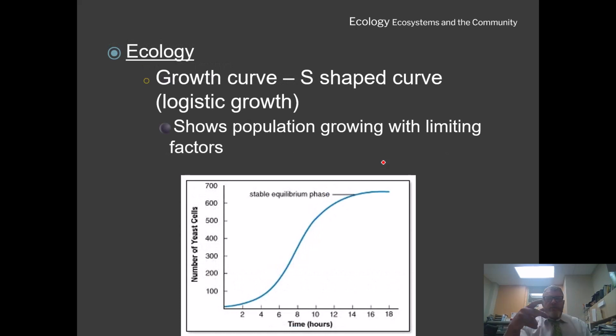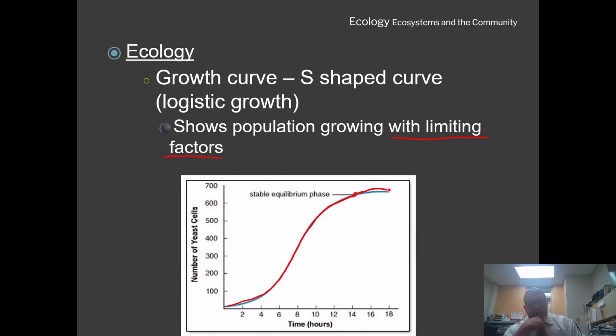Two types we'll talk about are S and J shape, or logistic and exponential growth. The key here is this is with limiting factors, something that slows or limits the rate of growth. We can see here we have a pretty good growth rate, but then right about here we start leveling off, and here we probably reach carrying capacity.